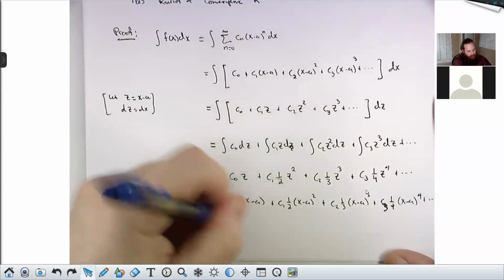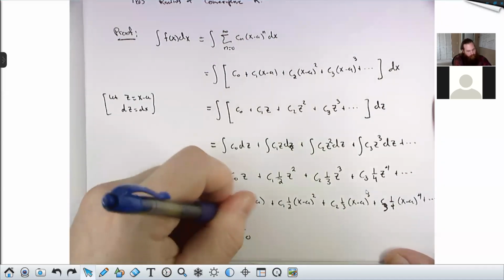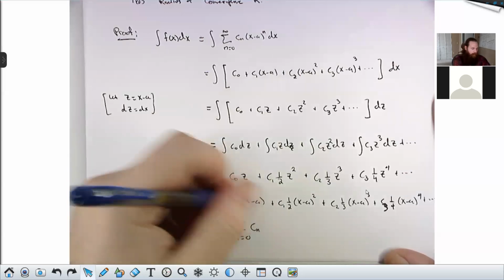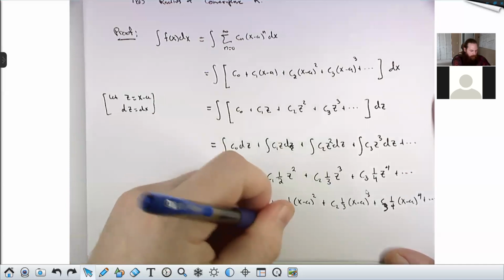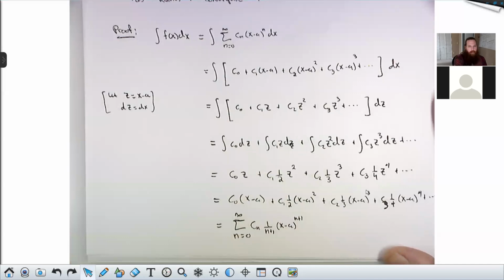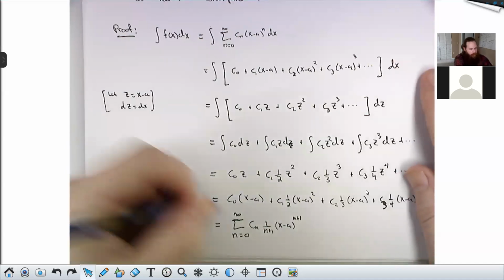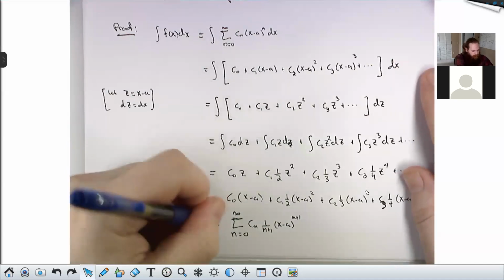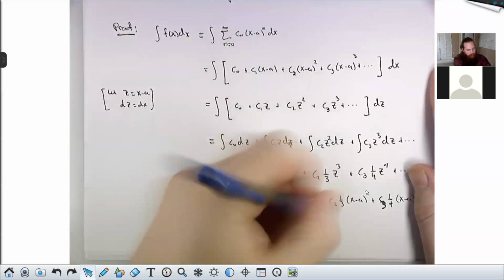And this is sigma n from 0 to infinity Cn times 1 over n plus 1 times x minus a to the n plus 1. And then we just tack our big additive constant out front from the indefinite integral. So if I wanted to, I could write this as a big plus c out here.